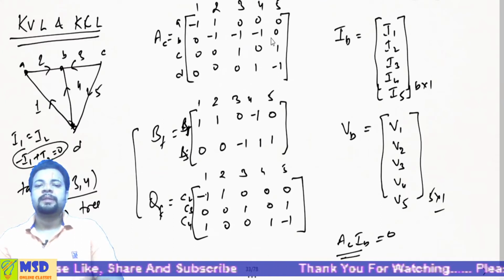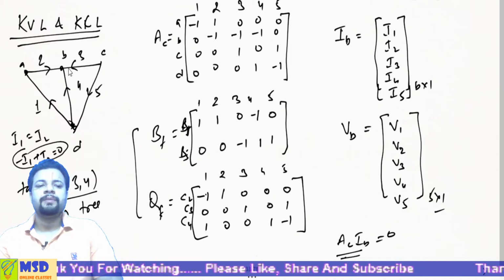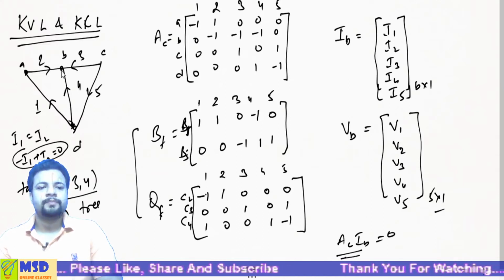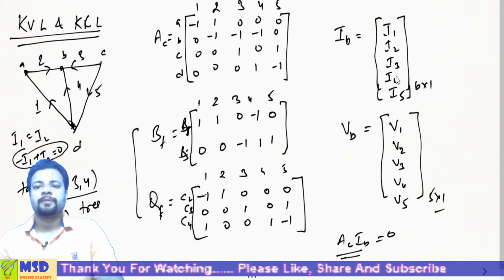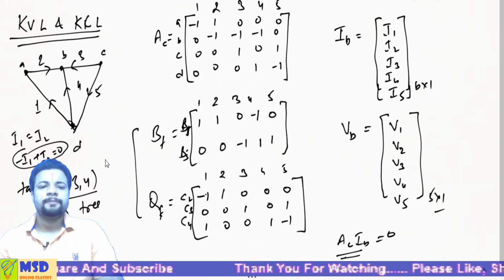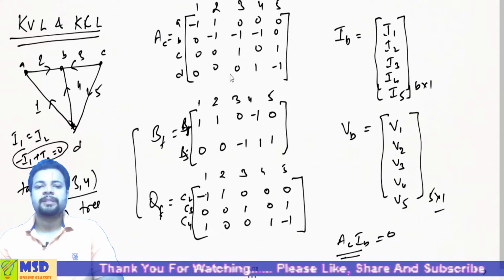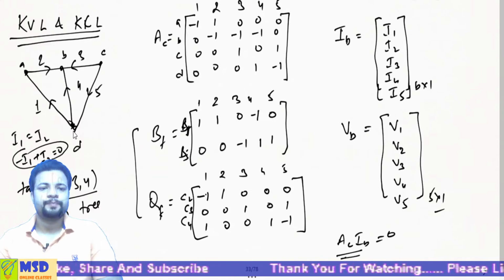So now the second row multiplied with this column vector will give you KCL at this node. Likewise, the multiplication of third row with this column vector will give you KCL at node C, and multiplication of fourth row with this column vector will give you KCL at this node.